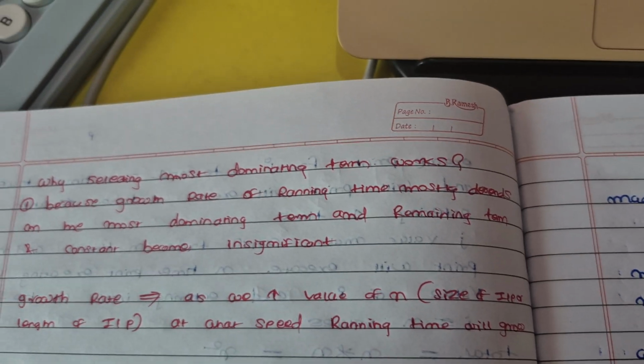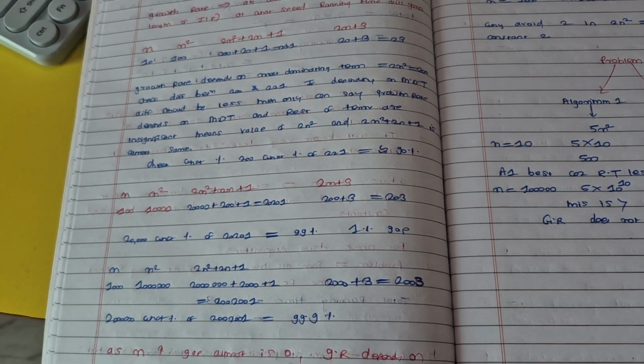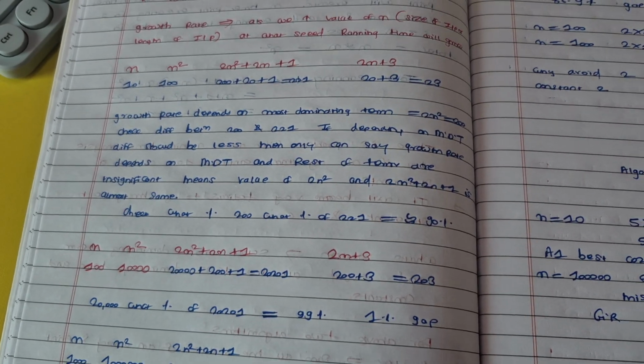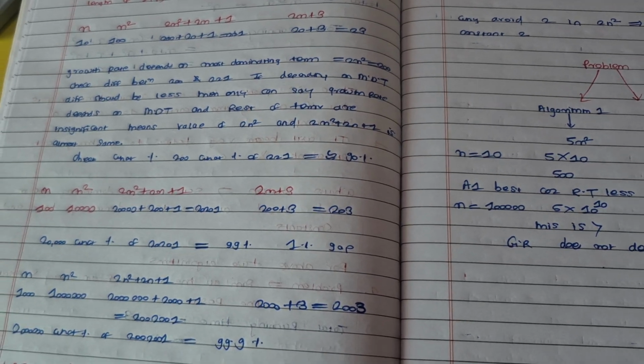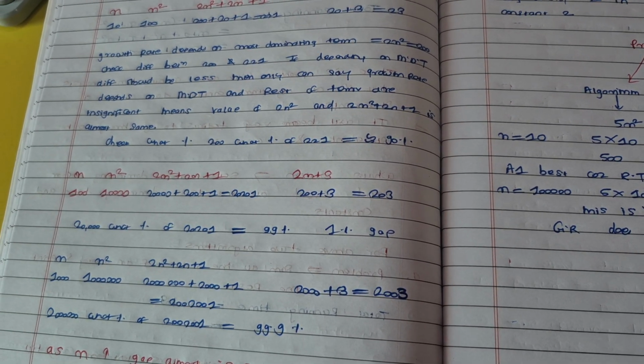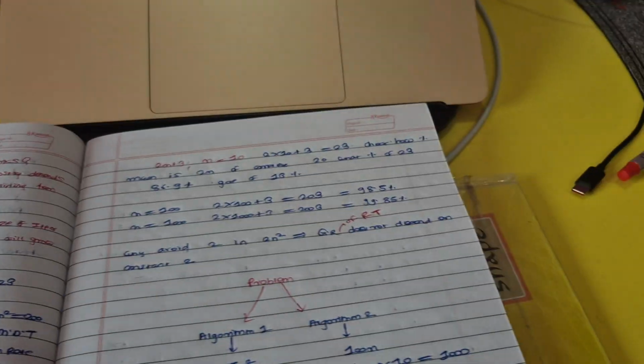So here is proof why we select n square as the most dominating term. Here we have taken values as 10, 100,000, and then after we take the percentage, the gap is very small, so that's why we take the most dominating term.